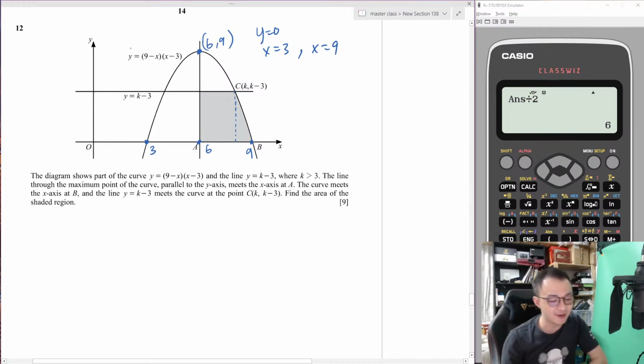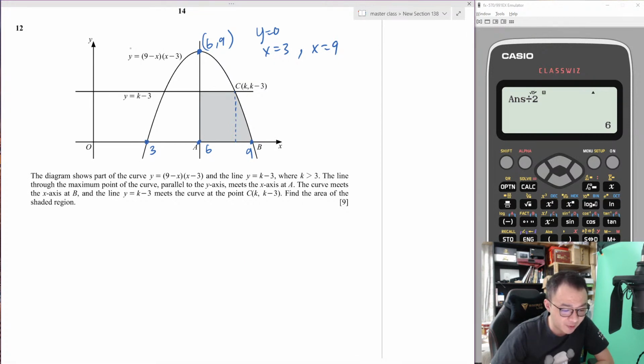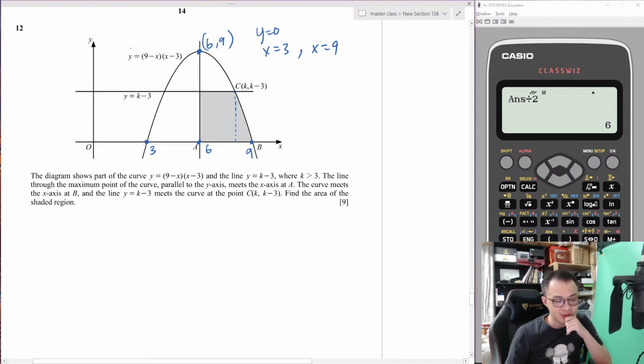Okay, and then what other information do I need to find here? K minus 3. The straight line will intersect.